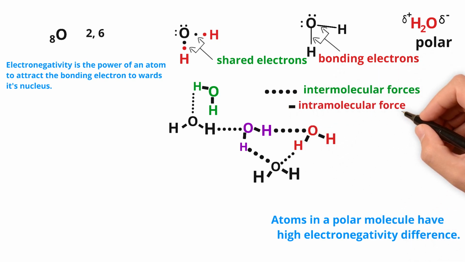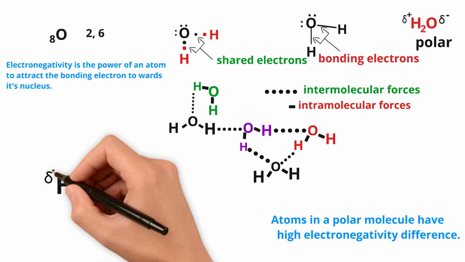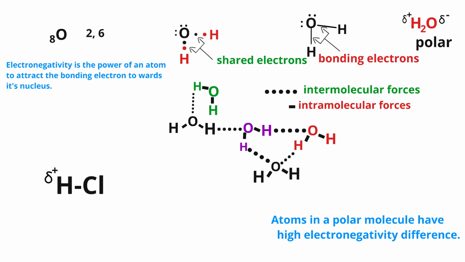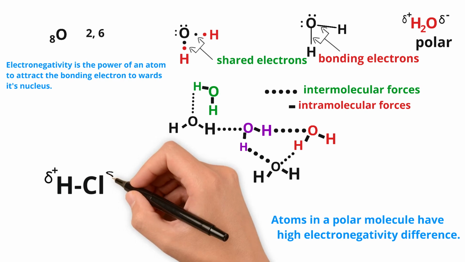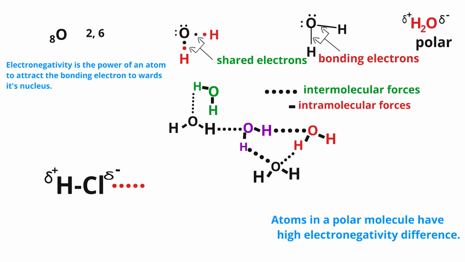Now, an additional example. As I told you, hydrogen is partially positive, chlorine is partially negative. The bond is formed by contributing one electron from each of hydrogen and chlorine. Due to the high electronegativity value of chlorine, it attracts the bonding electrons toward its nucleus. That's why it carries a partial negative charge, whereas hydrogen carries a partial positive charge.